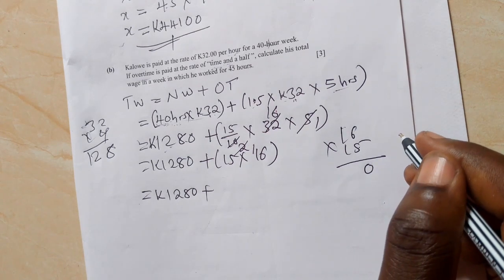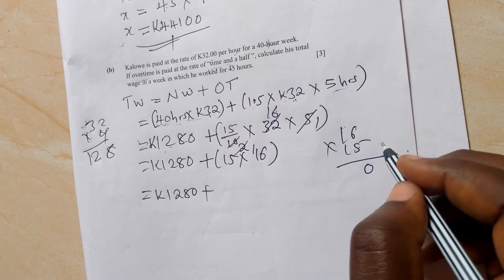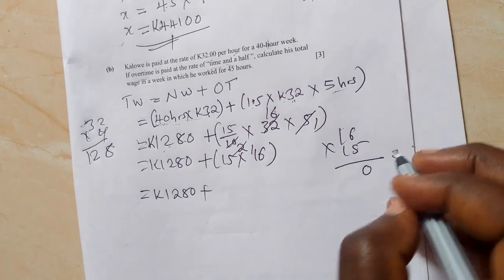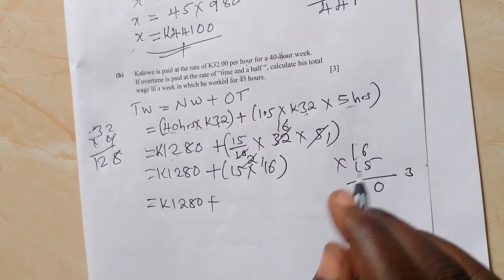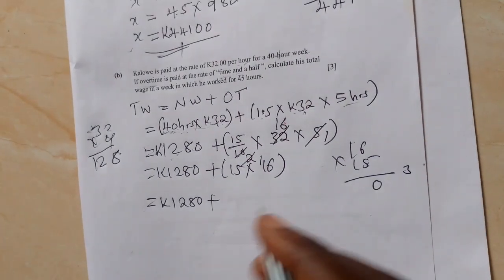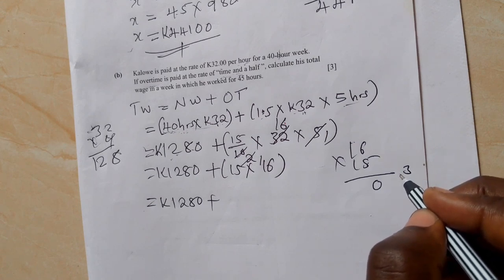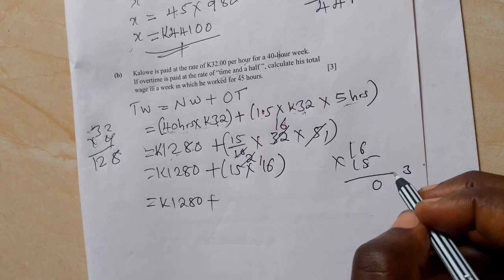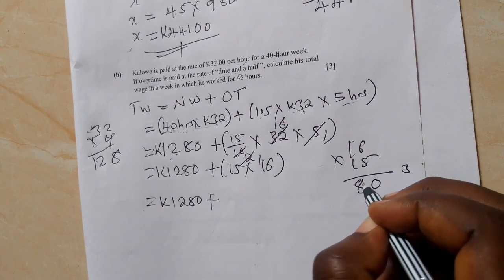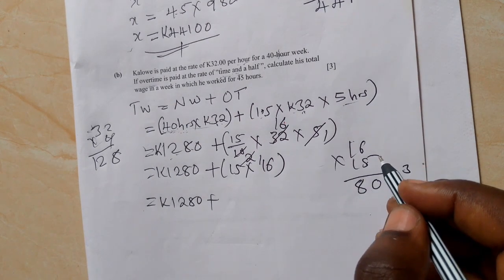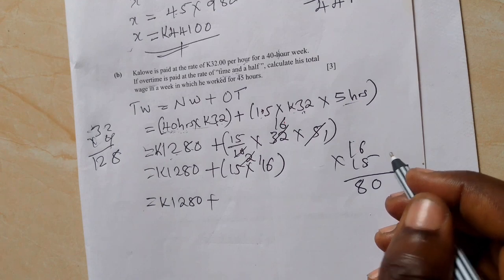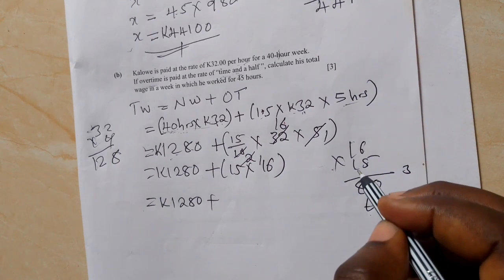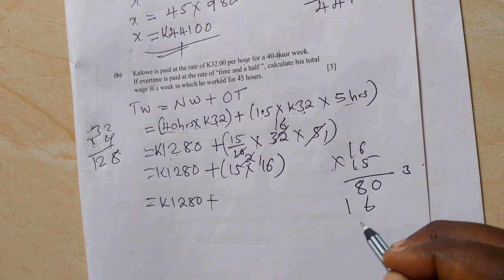Remainder 3. 5 times 1, that is 5, plus 3, that is 8. 1 times 6, that is 6. 1 times 1, that is 1.